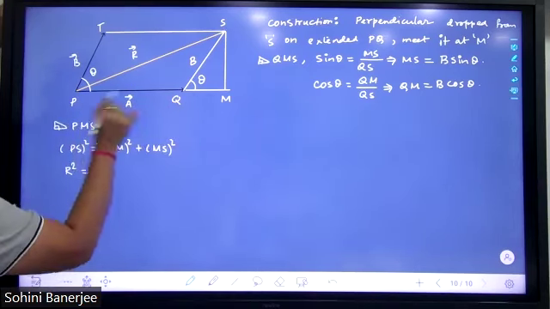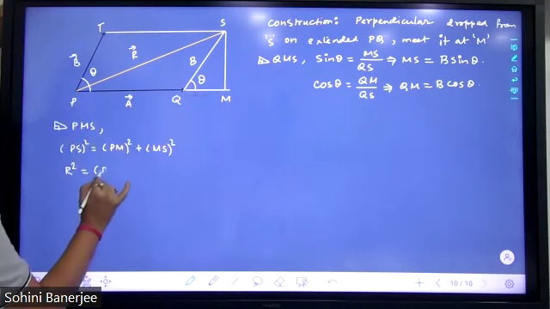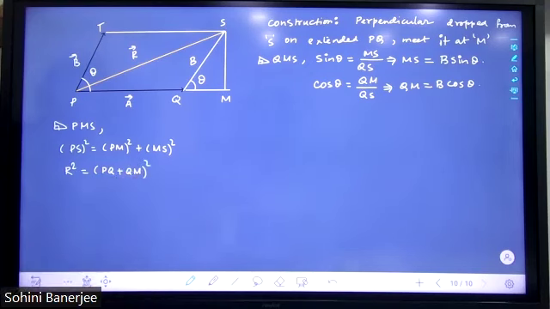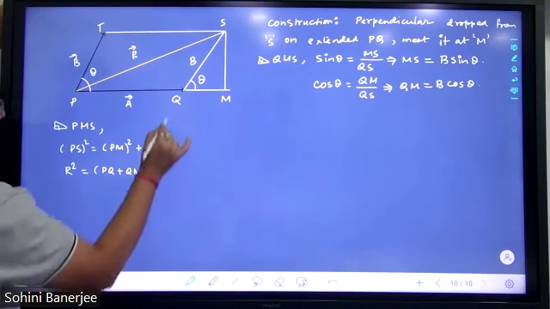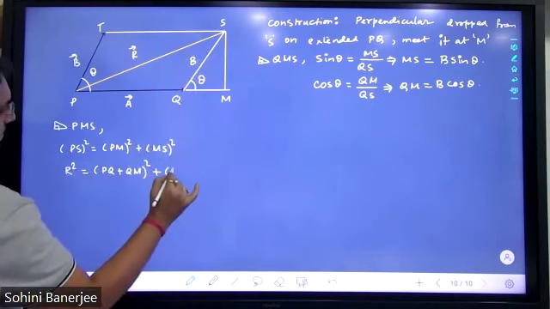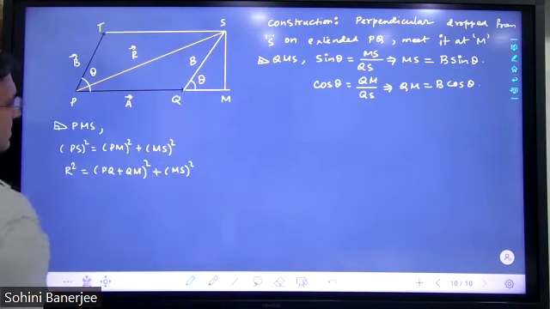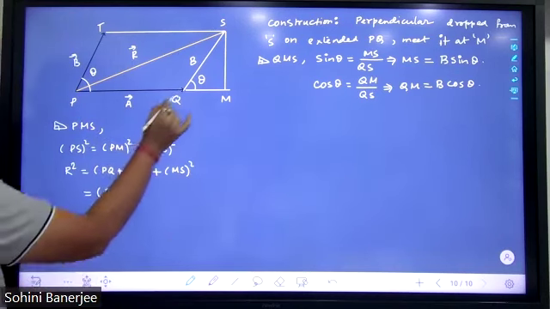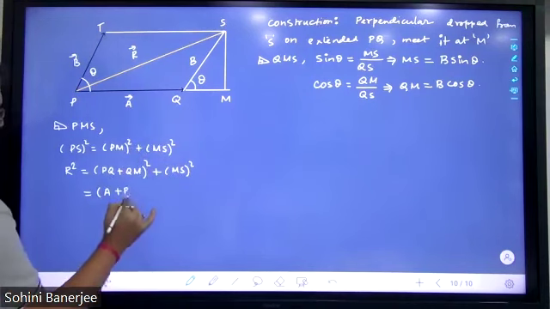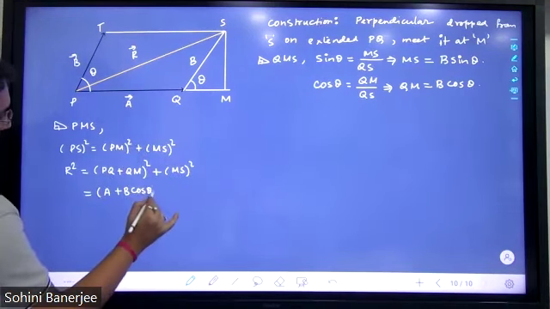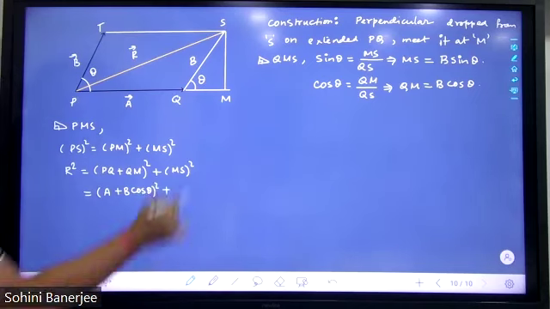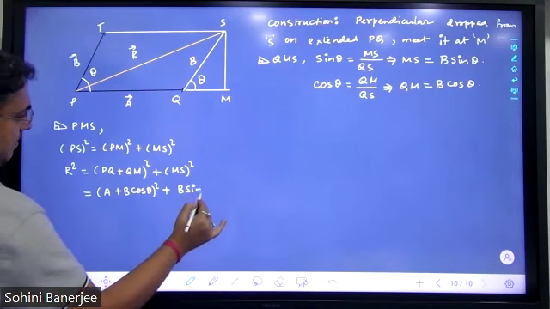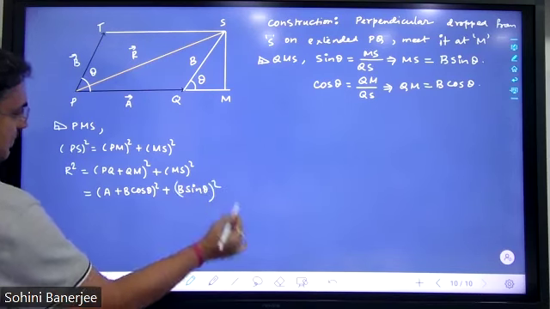PM is PQ plus QM, right? PQ plus QM whole square, plus MS square. Now PQ is A. QM is B cos theta. Now MS is B sin theta.